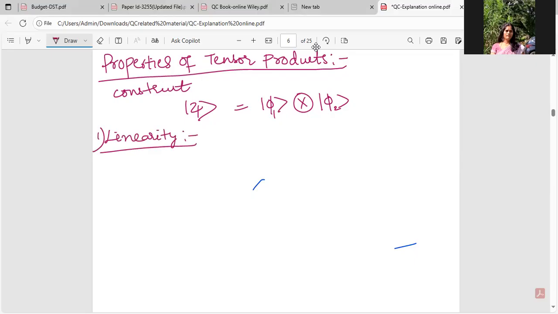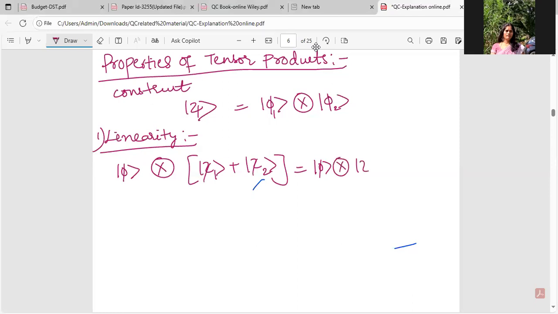The first one: suppose I have ket xi, tensor product of ket phi 1, phi 2, then what happens is separately it's operator, tensor product, ket xi 1. Okay. This is pre-multiplying.